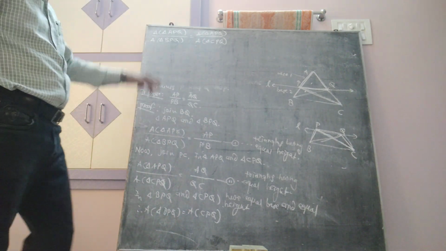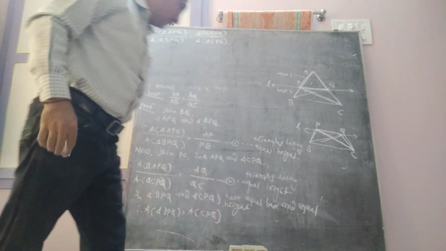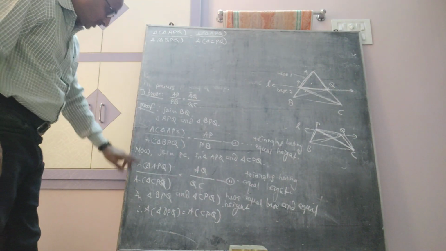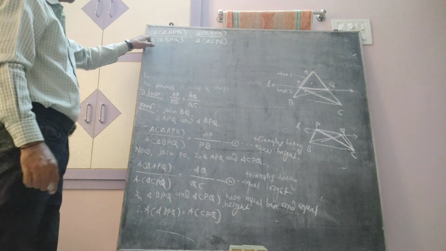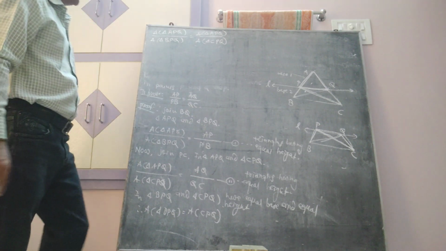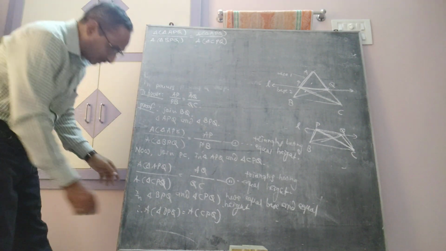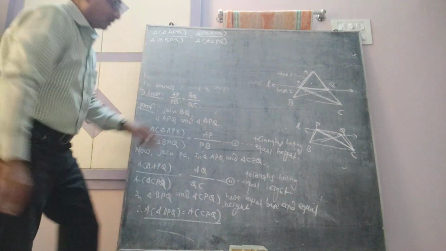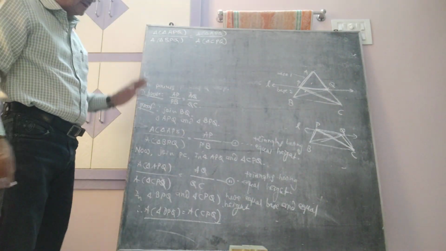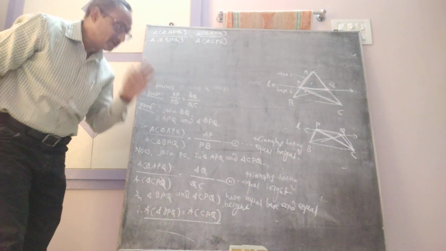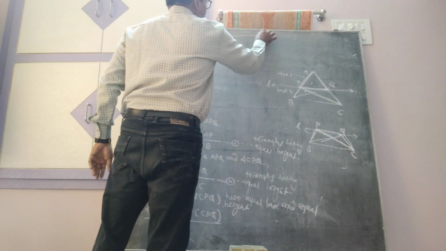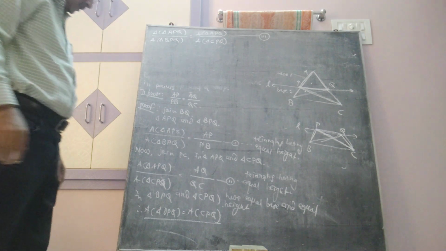Because both the triangles have equal base and equal height, their areas are equal. Suppose this is equation number 3.